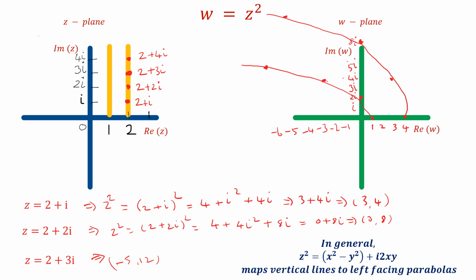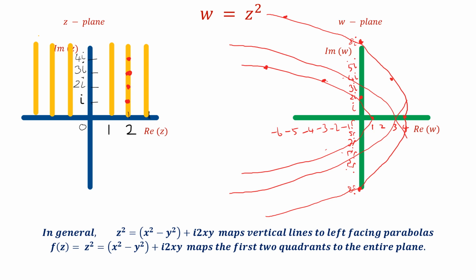That means we have 3 plus 4i, or 3 comma 4 as the ordered pair. So which is indicated in the w plane corresponding to z is equal to 2 plus i in the z plane. So likewise, we can get the values for 2 plus 2i, 2 plus 3i, and so on, and which are marked in the w plane as a second parabola.